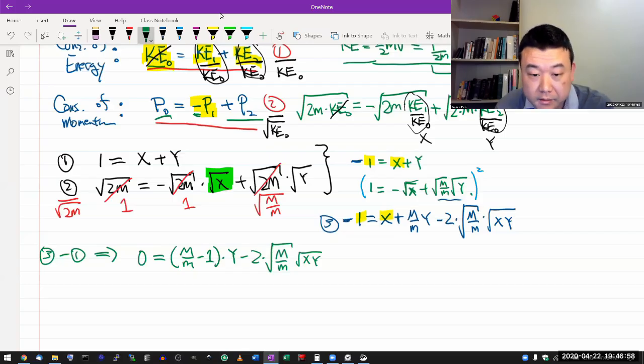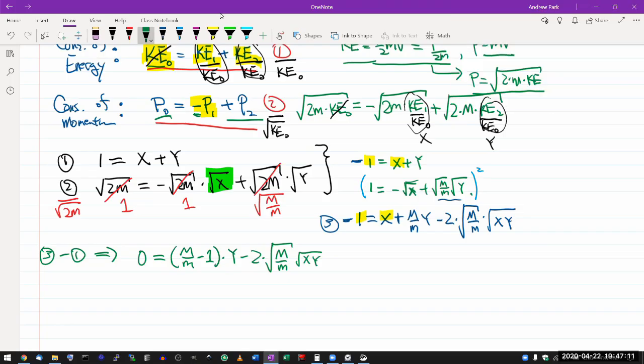Well, I think one thing that's good to try in situations like this is to try to isolate the square root. That's because I'm kind of on autopilot here right now, and I'm thinking, all right, I have this complex expression. What do I do?